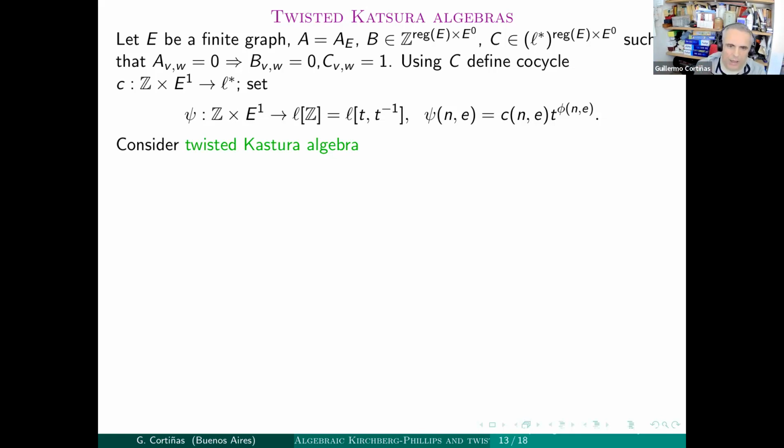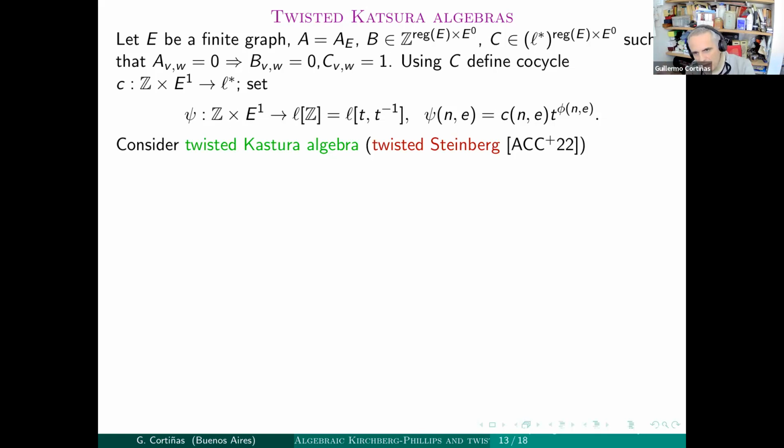And the twisted Katsura algebra can be regarded as a twisted Steinberg algebra. So as I mentioned before, whenever you have an Exel-Pardo triple consisting of a group acting on a graph and then a cocycle, you have a groupoid associated to it, and you can look at the Steinberg algebra of that groupoid, and you can twist it.